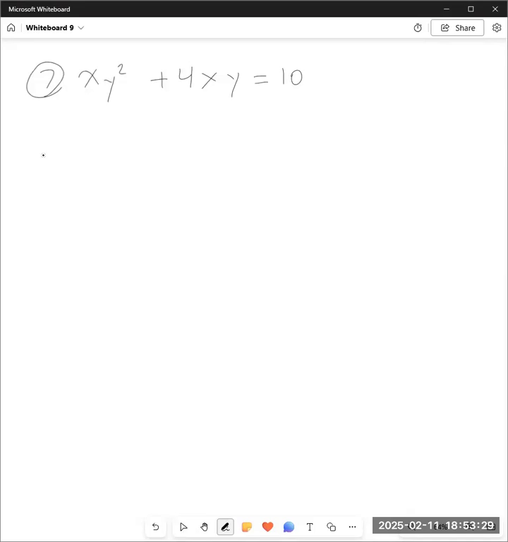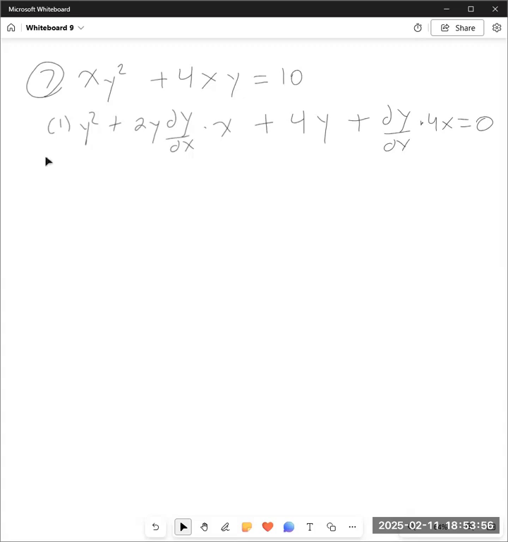We've done the product rule enough. Derivative of the first part, leaving the second part alone, plus derivative of the second part, leaving the first part alone. And again, derivative of the first part, leaving the second part alone, plus derivative of the second part, leaving the first part alone, and derivative of a constant is 0.